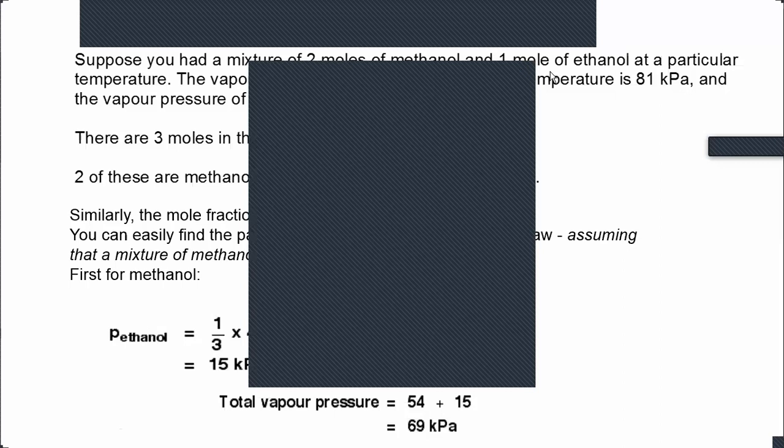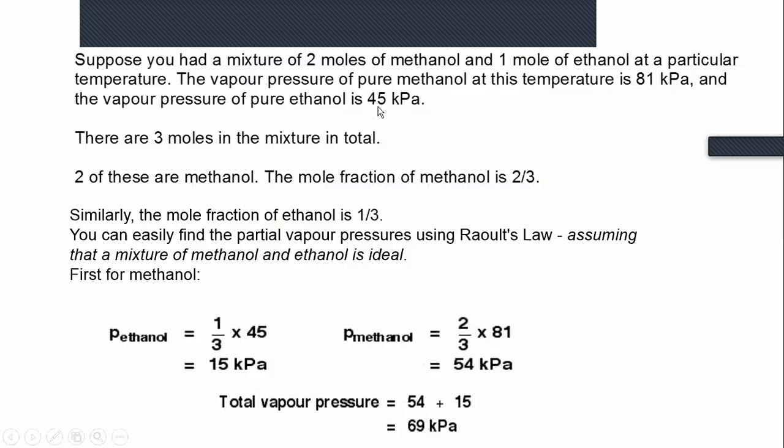For ethanol, the vapor pressure of pure ethanol is 45 kPa. So it's 1 over 3 multiplied by 45, which gives us 15 kPa.